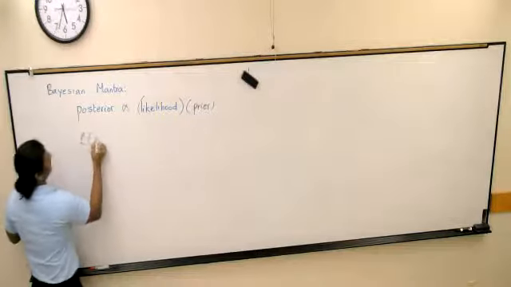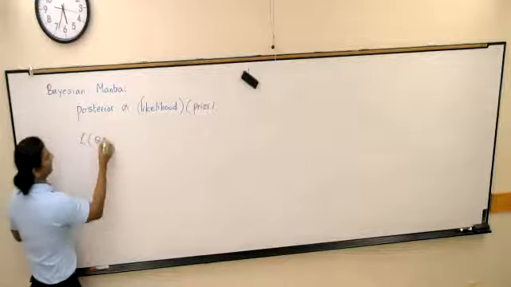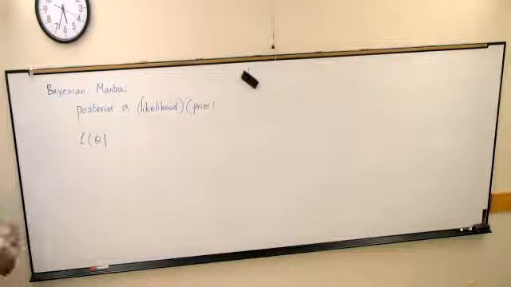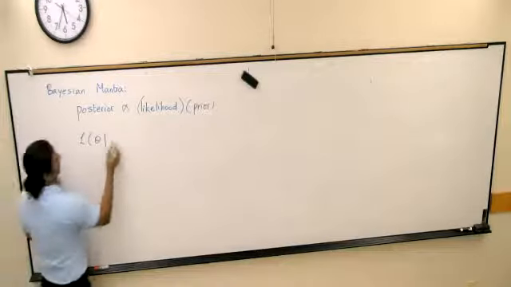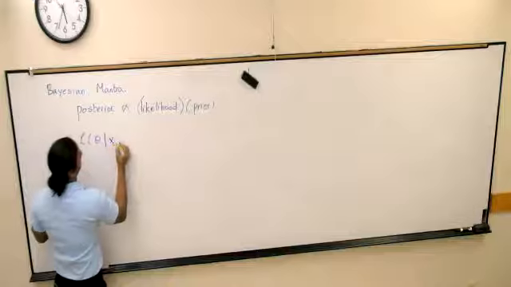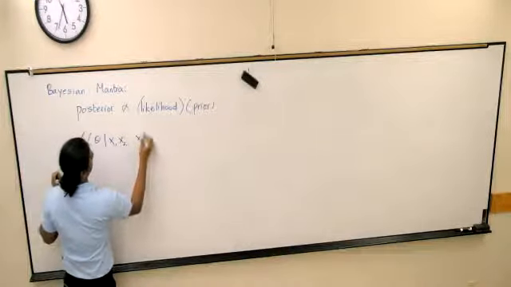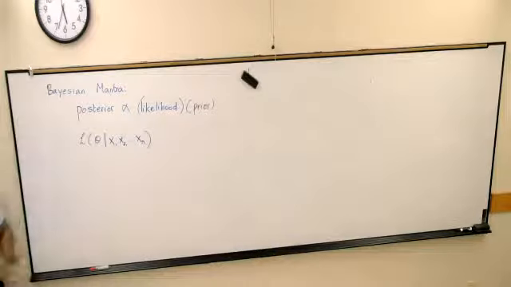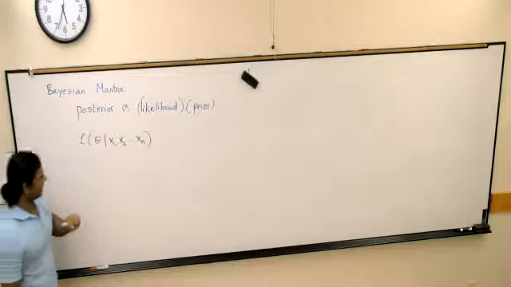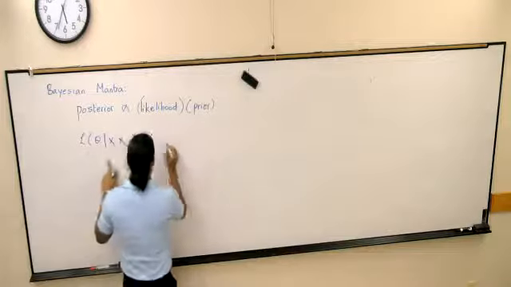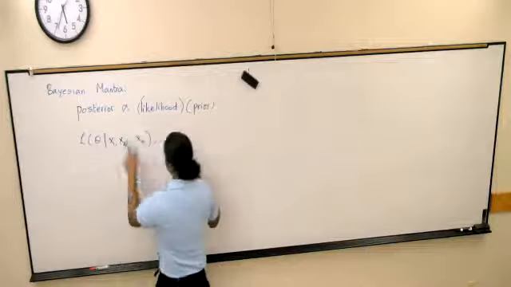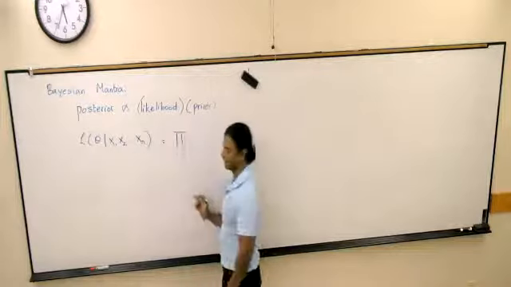The likelihood function is theta given the data that we have, so x1, x2, dot, dot, dot, xn. What do we do with the likelihood? We try to estimate the value of theta.